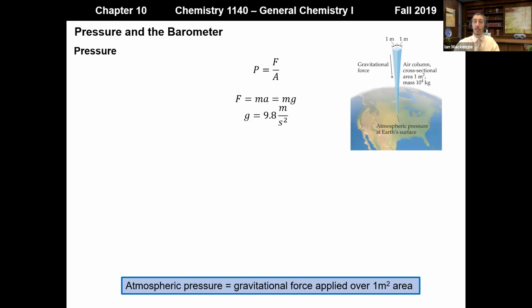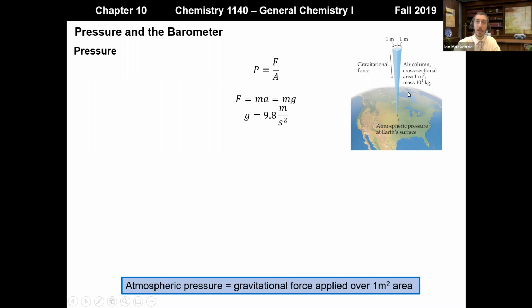We can think about that like this, where we have a 1 meter squared column that runs all the way up through the atmosphere and contains the air molecules in that column, and gravity pulls down on the air molecules in that column. All that mass of air in that column is approximately 10 to the 4th kilograms.